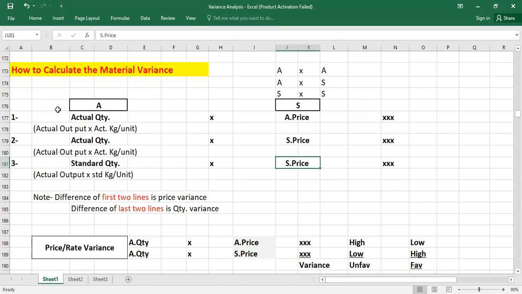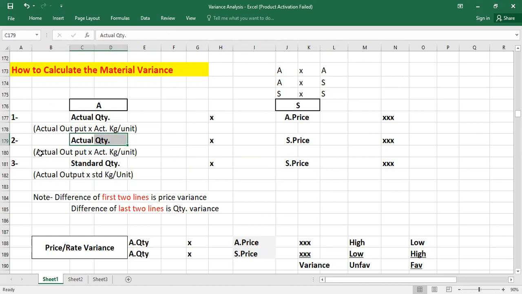So now guys, as I told you before, if you want to calculate the actual quantity, how can we calculate it? We will take actual output multiplied by actual kg per unit. If you want to calculate the actual quantity one more time, it will be the same.